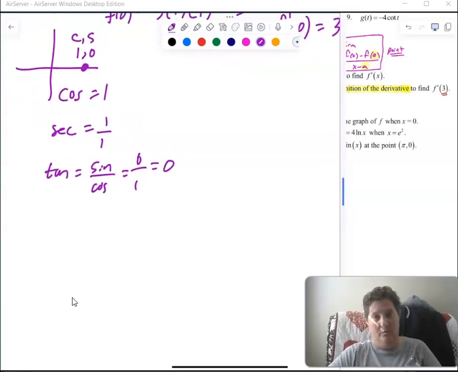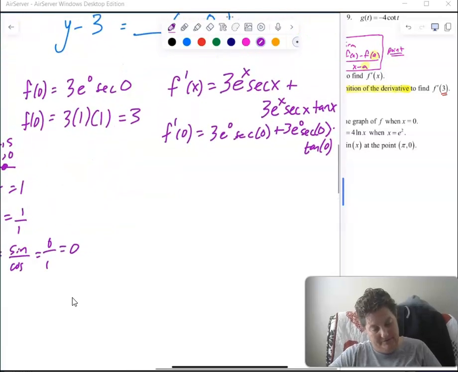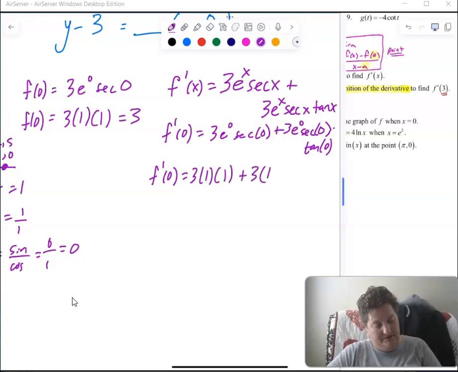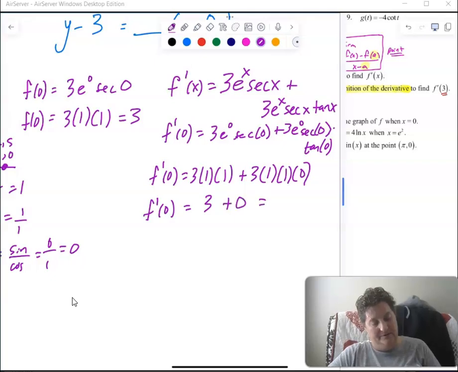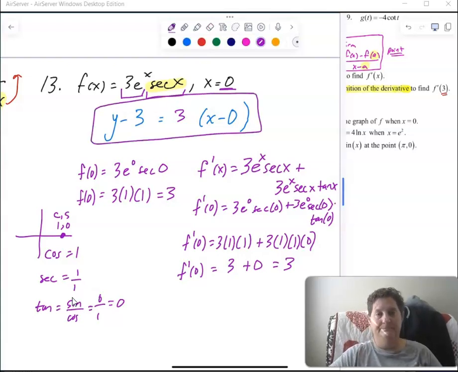So 0 divided by 1 is 0. Okay, so let's figure out all this. 3 times 1 times 1 plus 3 times 1 times 1 times 0. So the derivative at 0 is 3 plus 0. Okay, that's my slope.